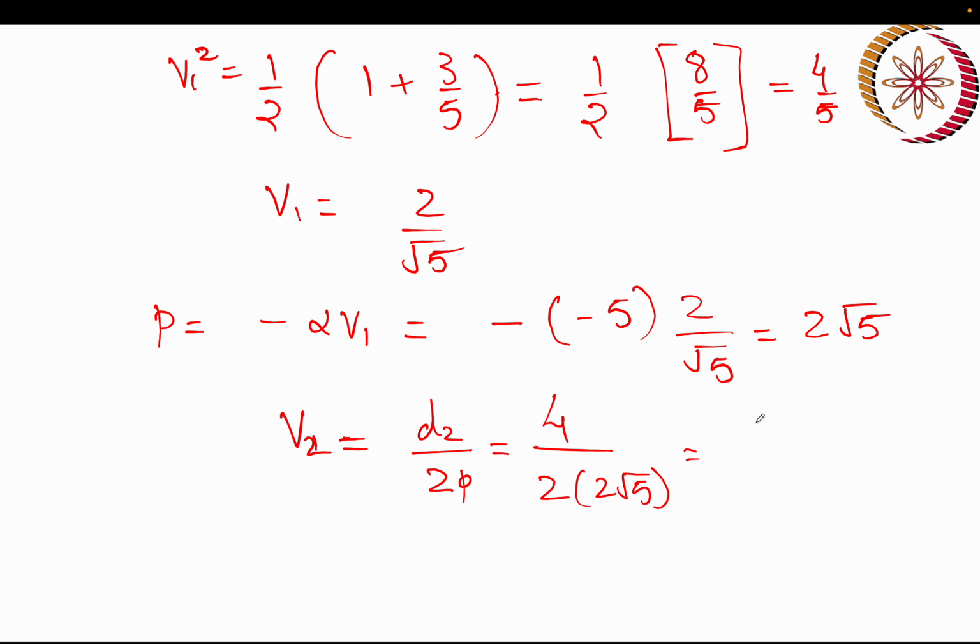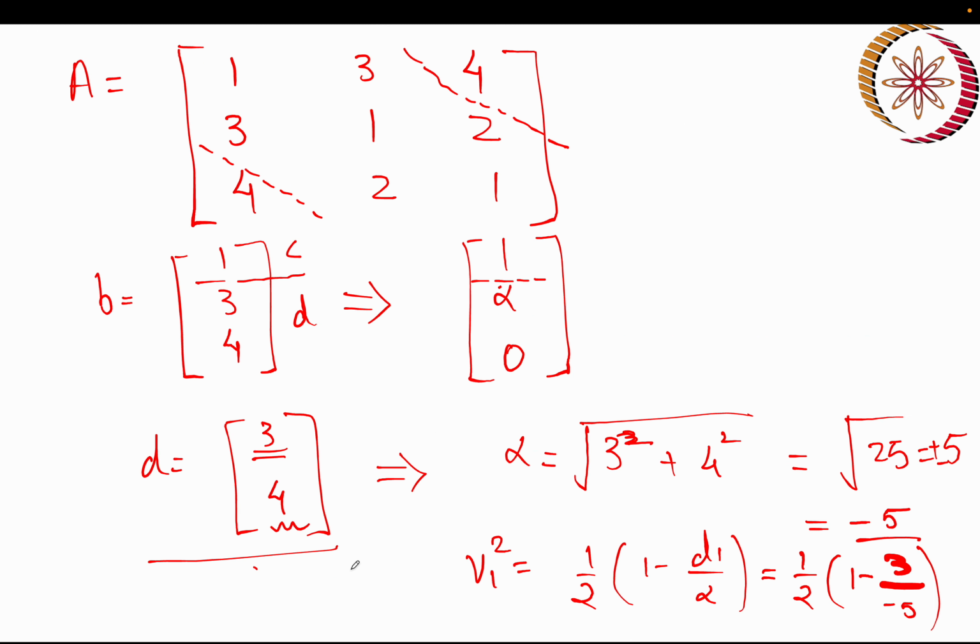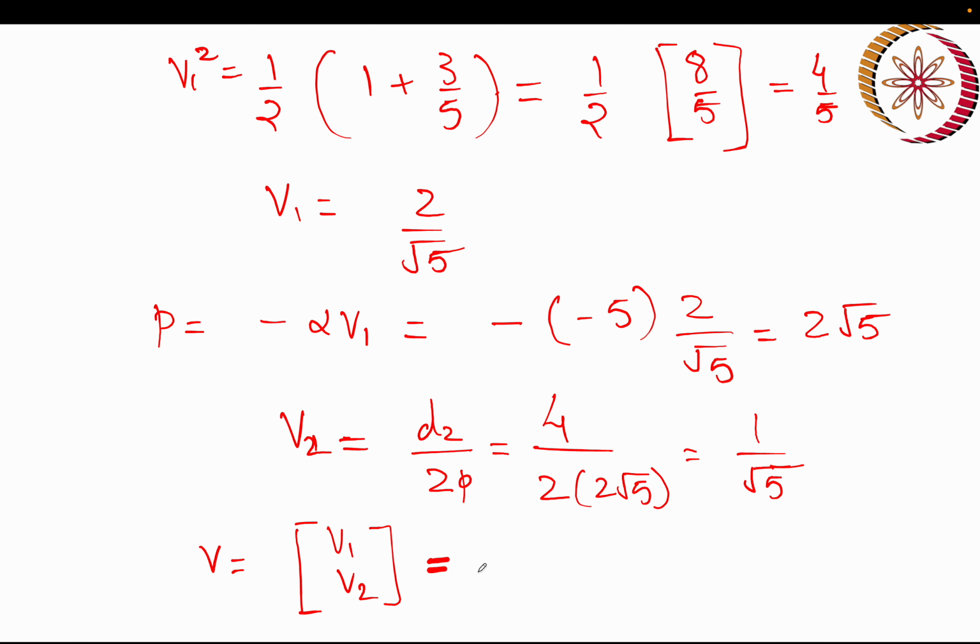So this 4 will get cancelled, and it will be 1 by root 5. Okay, so the vector v we have, which is v1 and v2, has dimension 2, because this d has 2 dimensions. So v is 2 dimensional, and it has the components 2 by root 5, and v2, which is 1 by root 5.